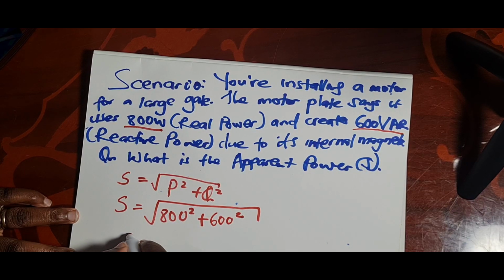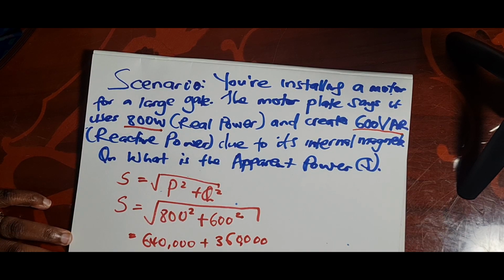This gives us the square root of 640,000 plus 360,000.